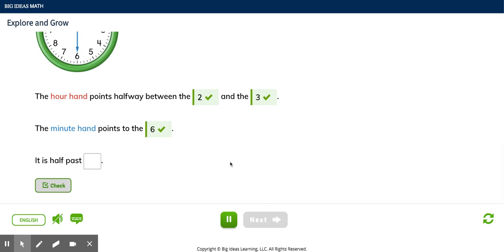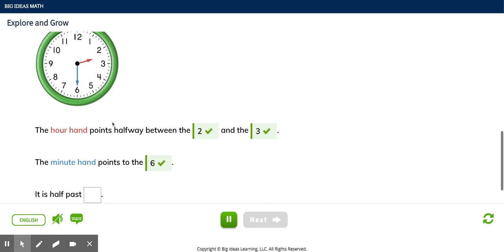We are correct. All right, now, just like I just talked about, it wants to know it is half past what? So like I said, the hour hand is halfway between what two numbers? Well, it is between our 2 and our 3 right now.